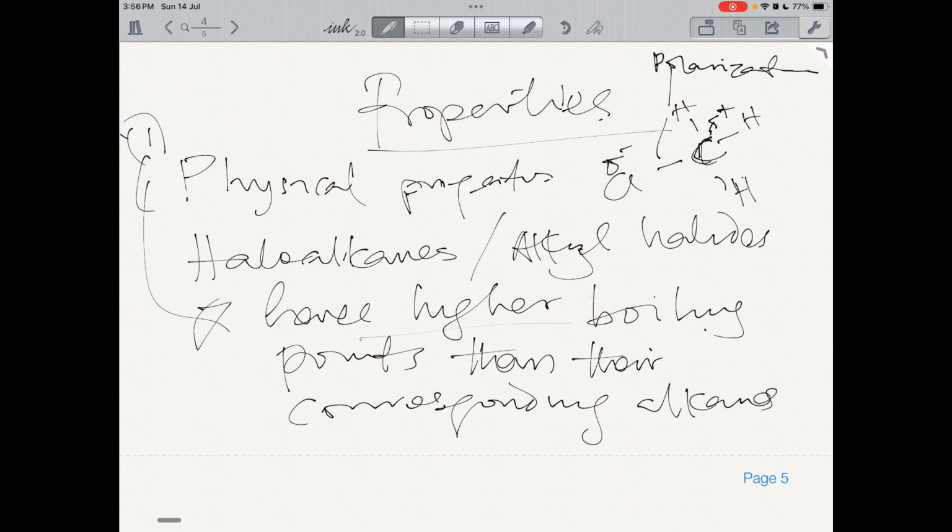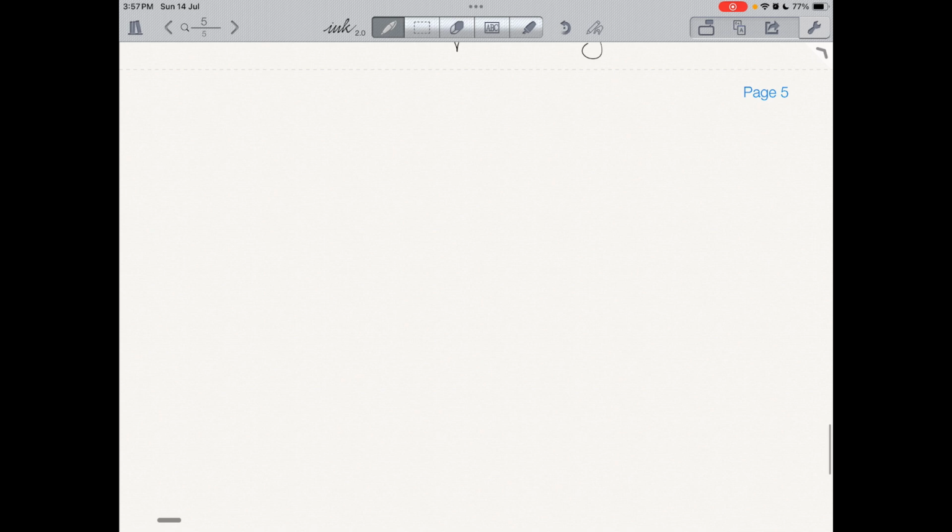The second property we're looking at is solubility. Alkyl halides have little to no solubility in water. You would expect that because of the polarization they might be soluble in water, but actually the solubility is low.